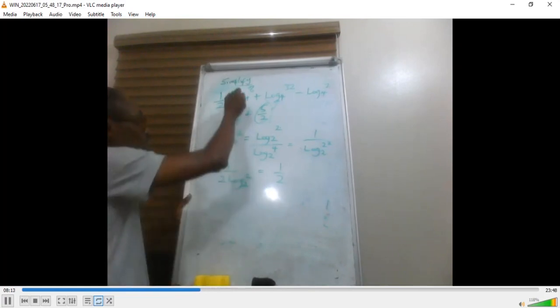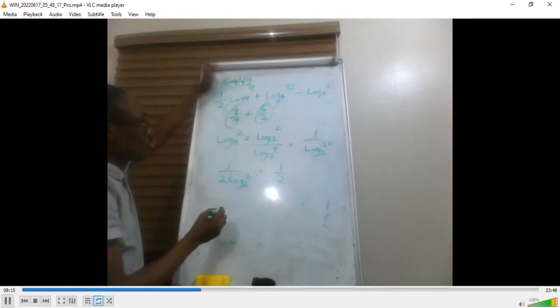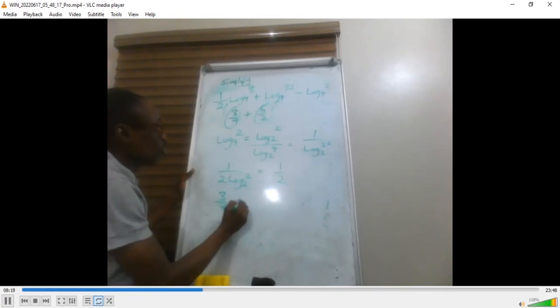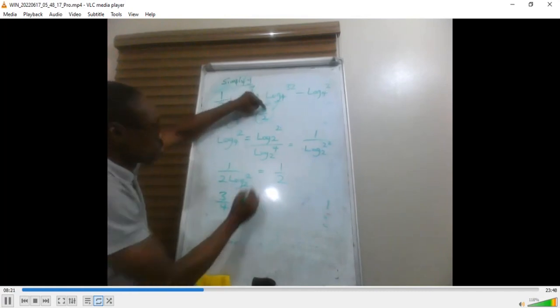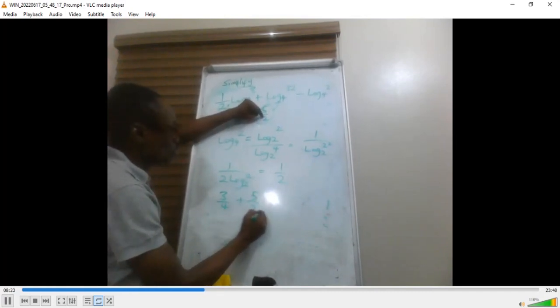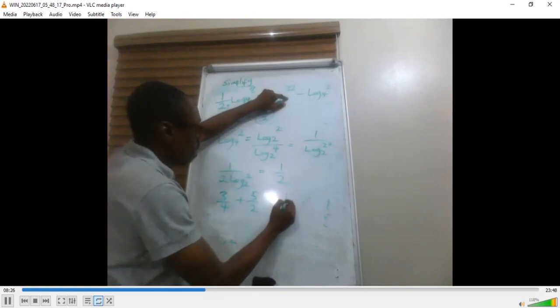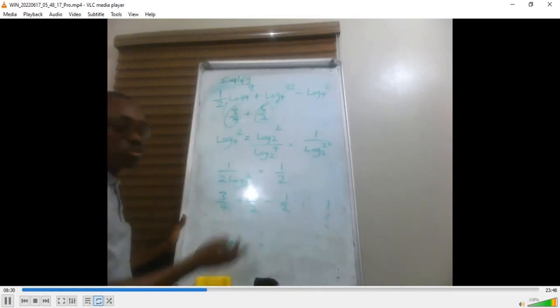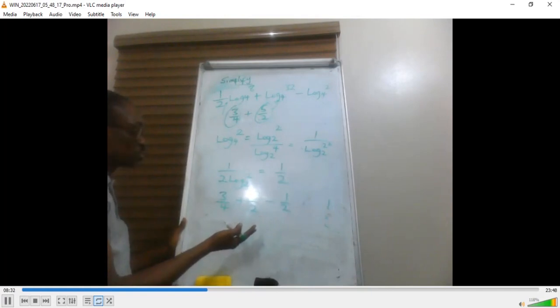So at the end of the day, you have the first part is going to be 3 over 4 plus 5 over 2 minus half. So let me use the concept of an equivalent fraction.